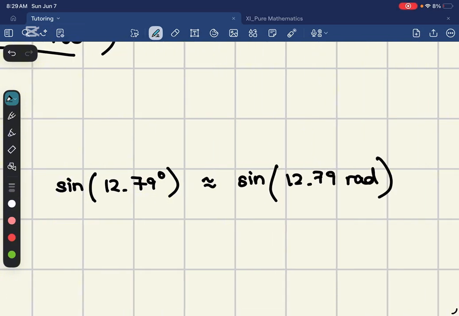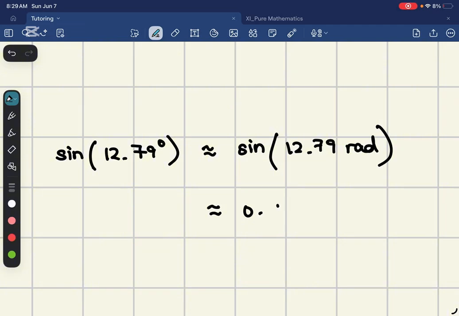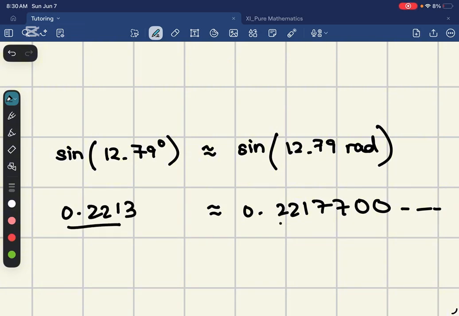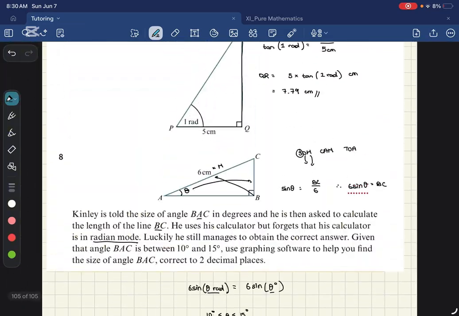And if you use your calculator, sine 12.79 first in radians, this is 0.2217, and if you do sine 12.79 degrees, you get 0.2213. So it's correct to 2 decimal places. It's actually 3 decimal places, right? So yeah, that is it. This is your answer. All right, and that is it for this topic.